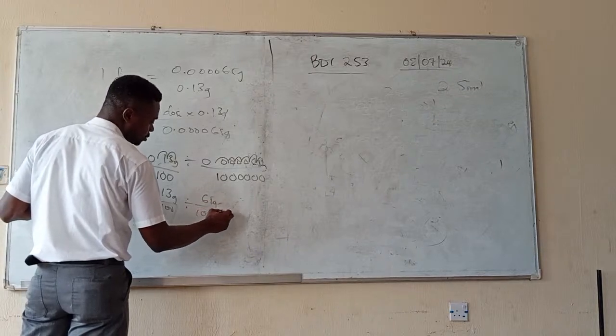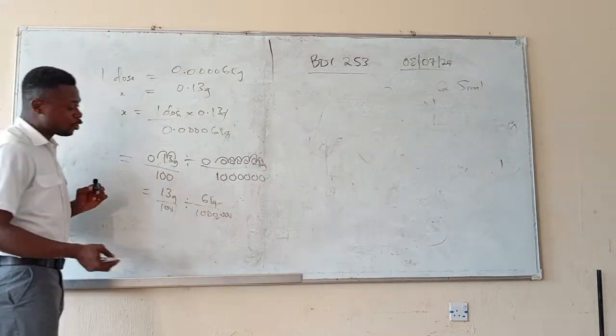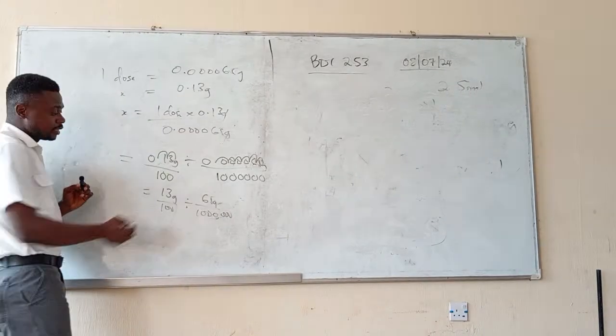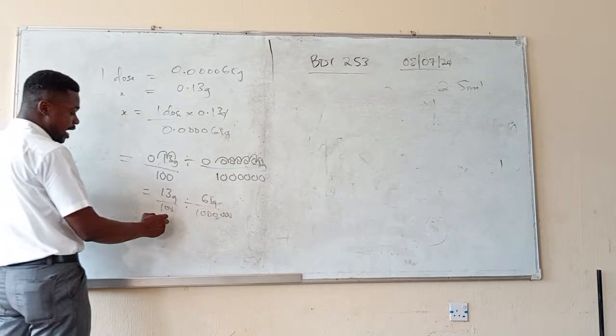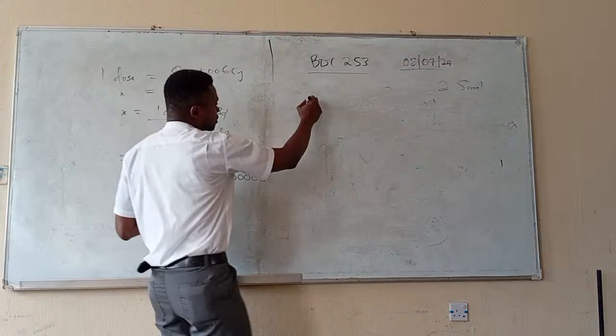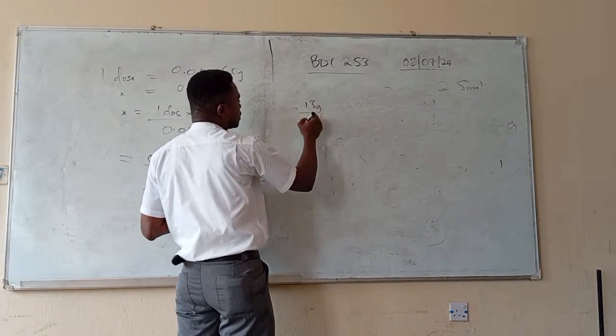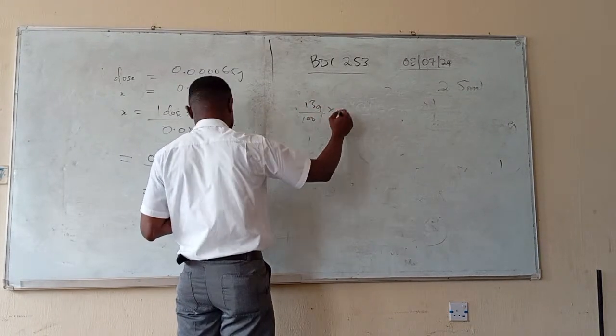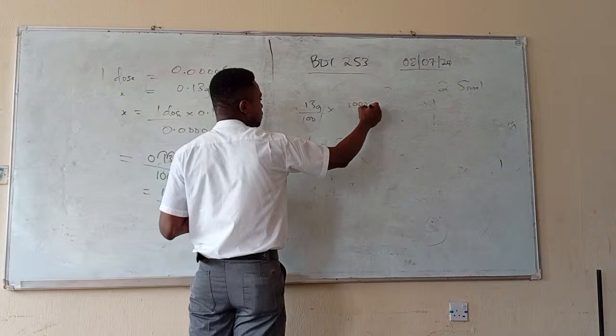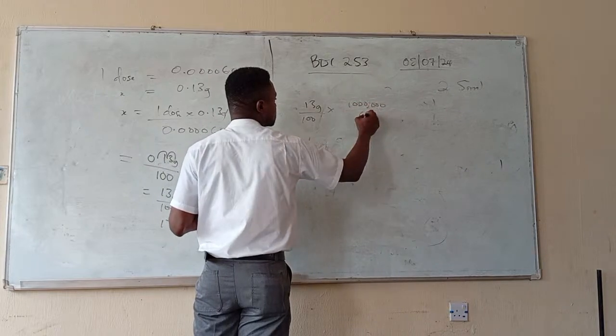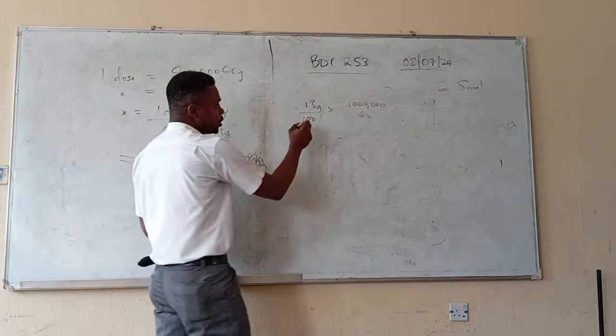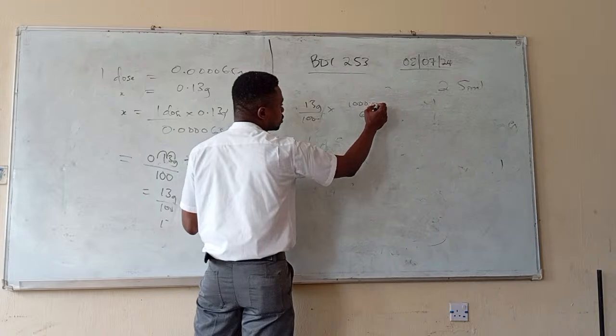You remember our use of fractions, right? This number we have over 100, times 1 million over 65. The 2 zeros will take this to zero, right?